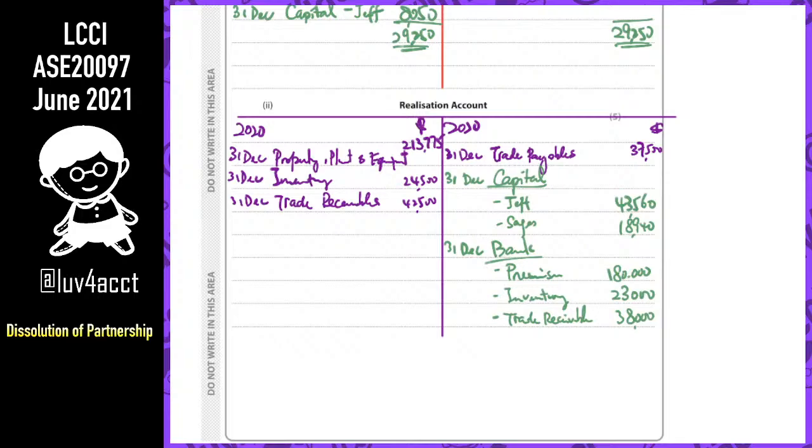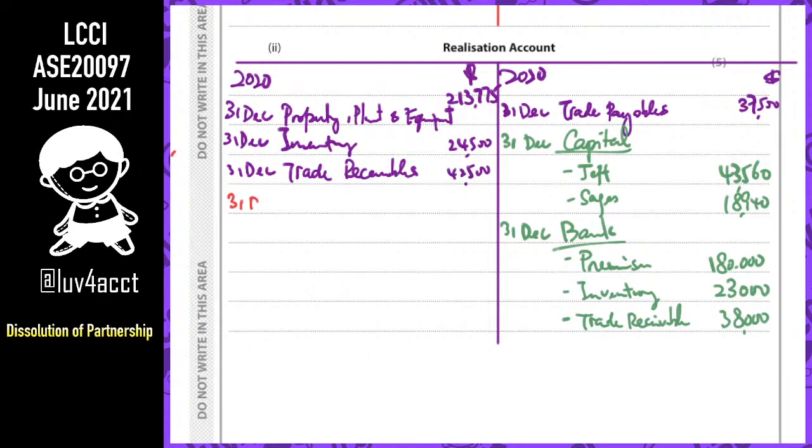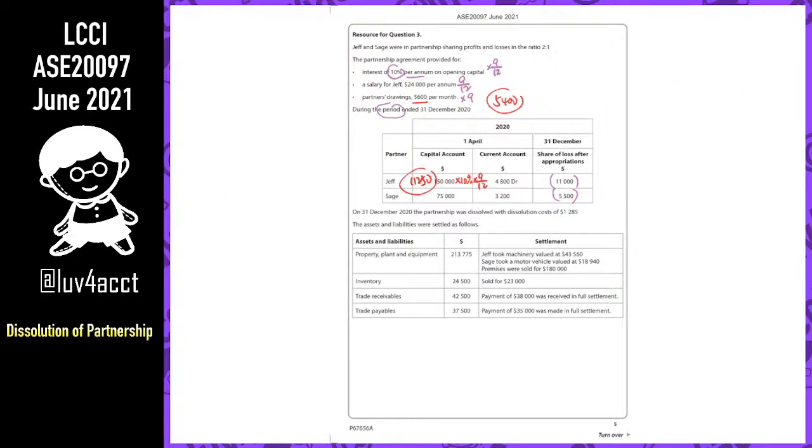And then we have to pay for our payables. 31st December, bank. We are paying for our trade payables. How much are we paying? 35,000.